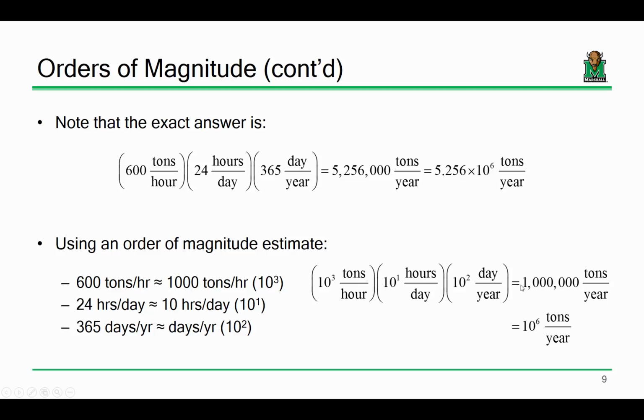Well, we got pretty close. This was saying 1 million tons, whereas this was 5 million tons, but that puts us in the same order of magnitude. So you can see the value if you don't have a calculator handy or you just want to do the calculations as quickly as possible, an order of magnitude estimate type calculation.